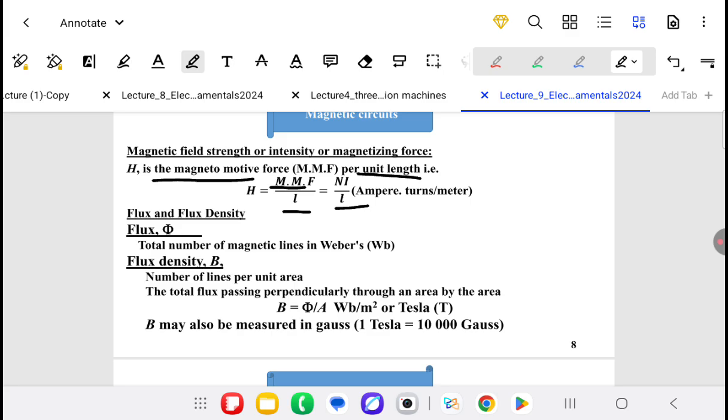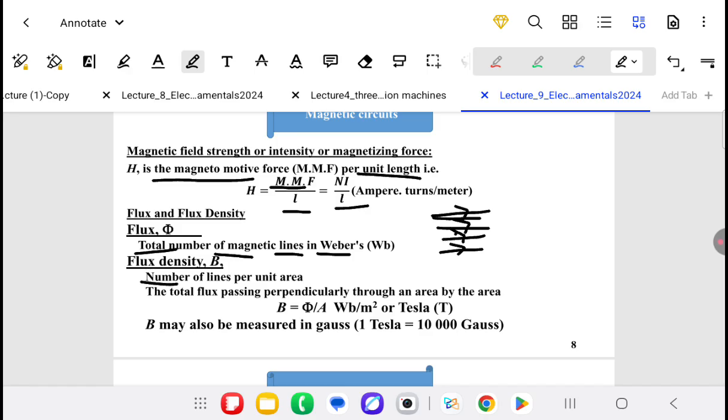The flux is the total number of magnetic lines, which is measured in Weber. Those are the magnetic lines, and they have direction, which originate from the North Pole and terminate at the South Pole.